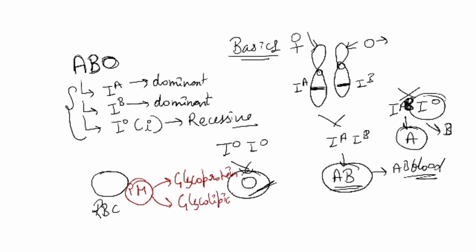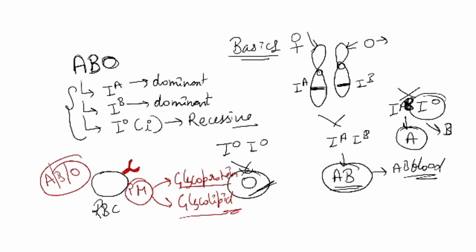And what am I talking about? There is an antigen which is deciding whether this blood group is A or B or O, right? And this antigen could be a glycoprotein or a glycolipid.